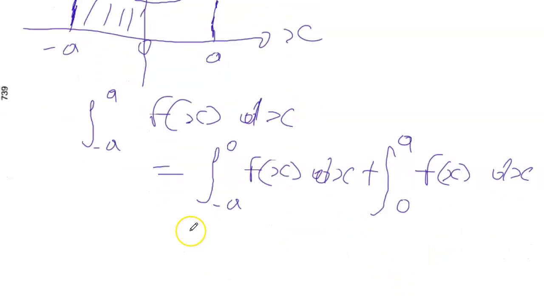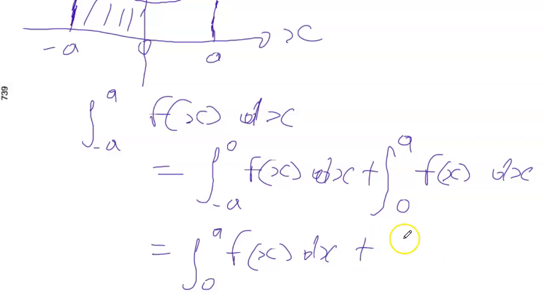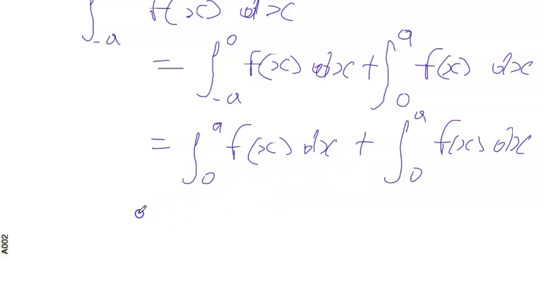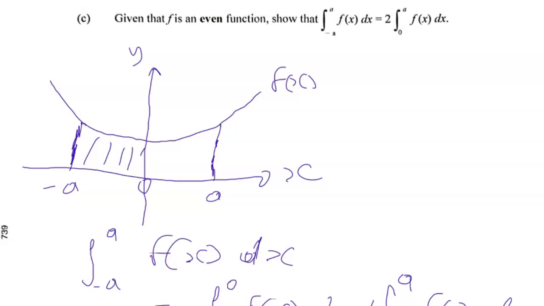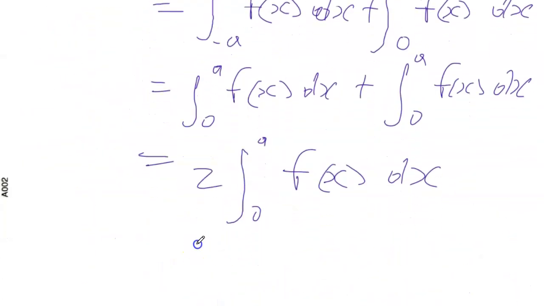So therefore this integral will be the same thing as, we can replace this with the integral from 0 to a of f of x dx, plus the integral from 0 to a of f of x dx, and so this is actually 2 times the integral of f of x dx between 0 and a, which is what we have on the right hand side. Right, so therefore proven.